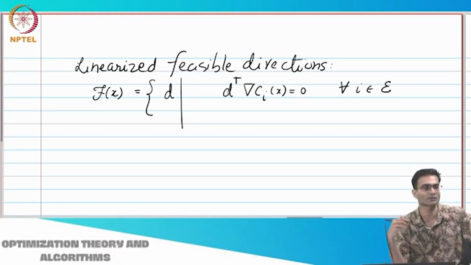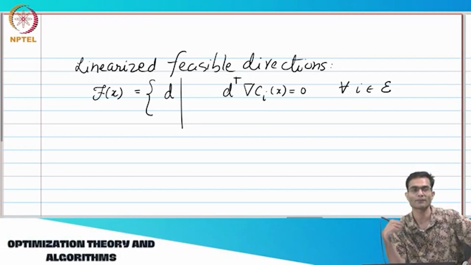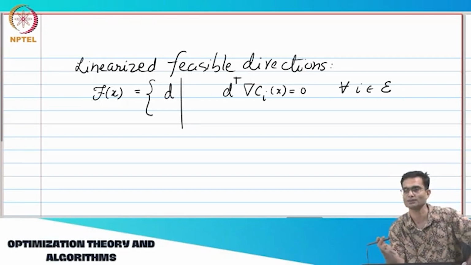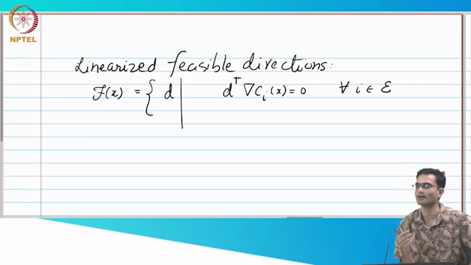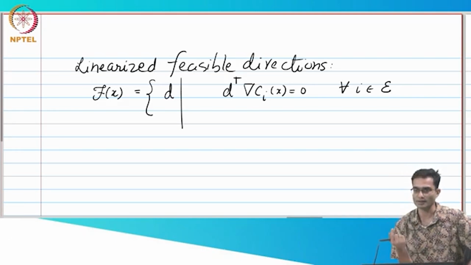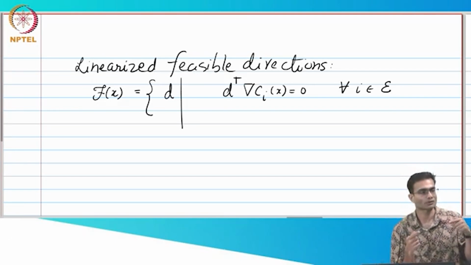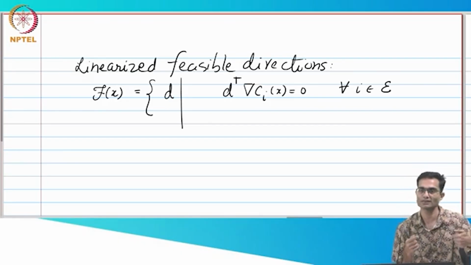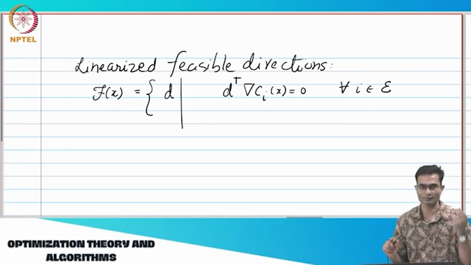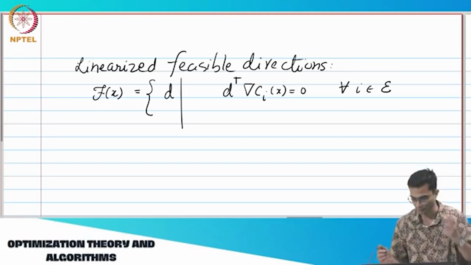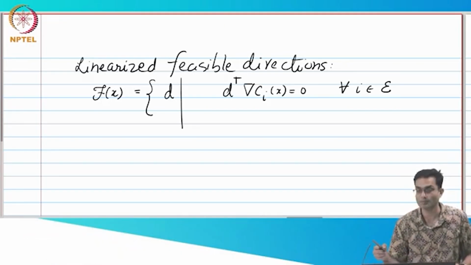So if I were in the equality set, how do I move? In plain English it makes sense also: if I am on an equality constraint, then by moving orthogonal to the gradient of C, I will maintain the same value of C, like when I am climbing up a hill. So this is equal to 0, that makes sense. And this is about equality.